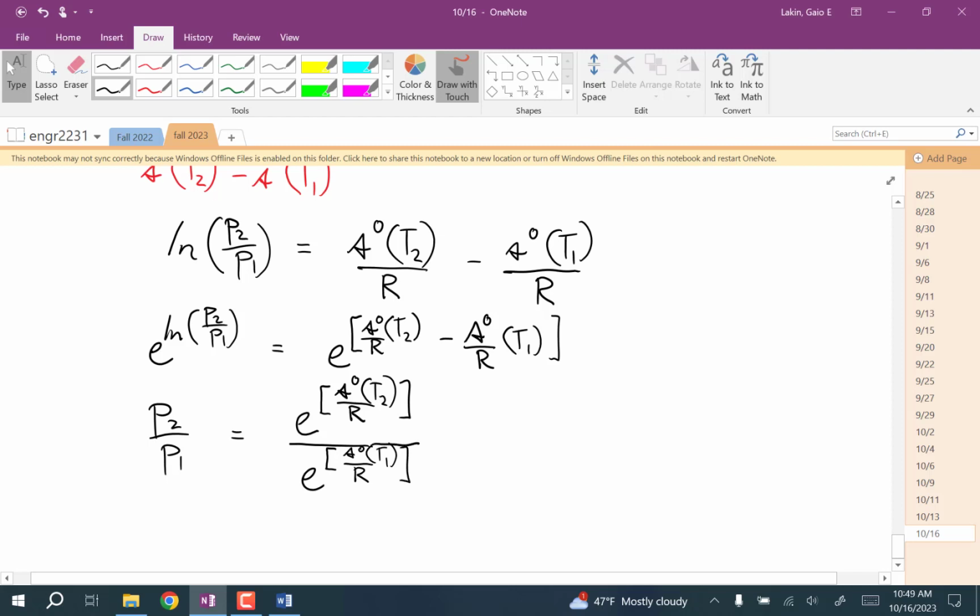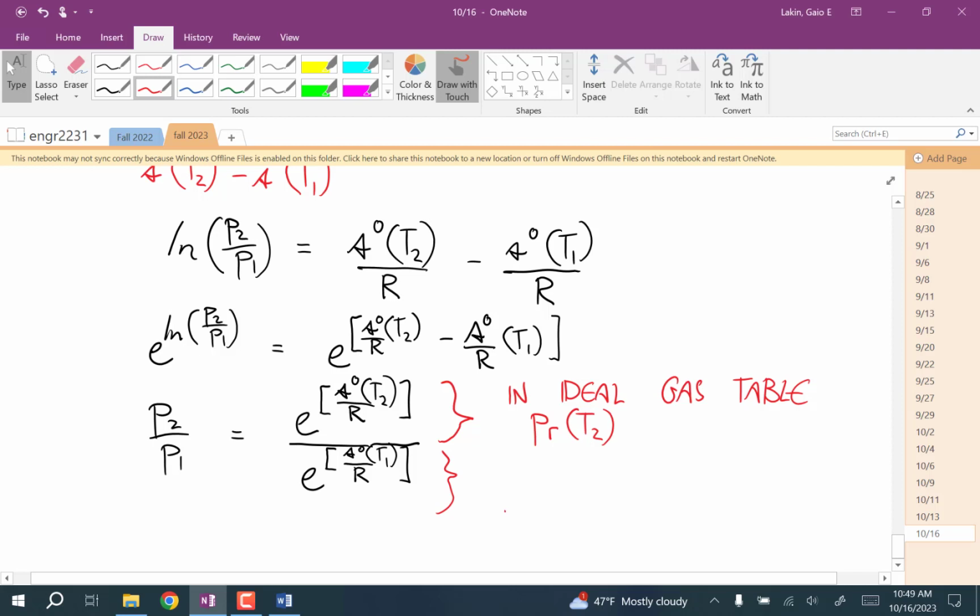And why would you do this? That looks like a mess, but these are also in the table, and they're given the name P sub R. So P sub R, the numerator is P sub R at temperature 2.